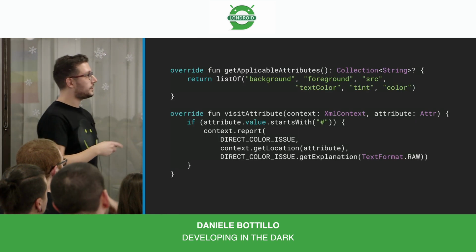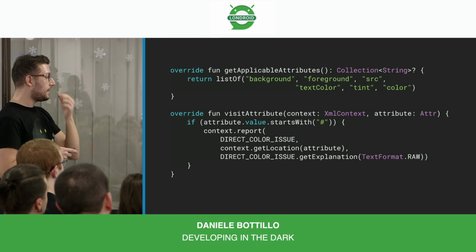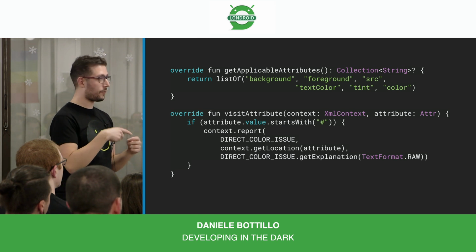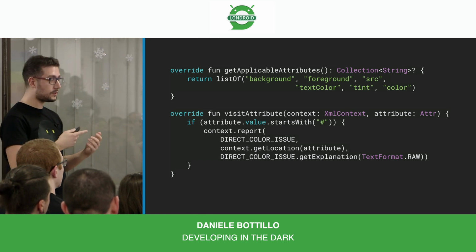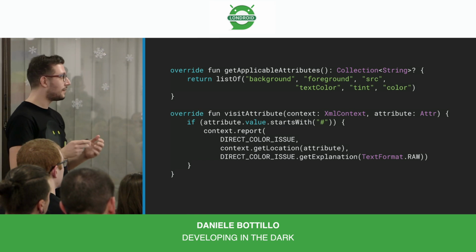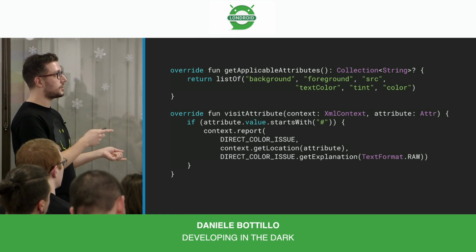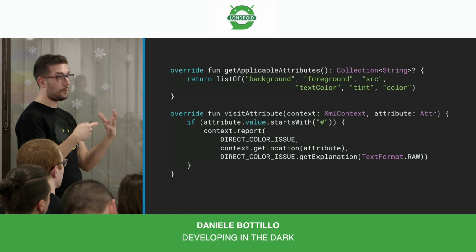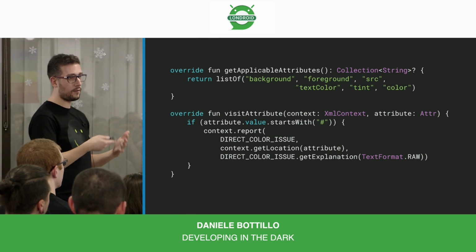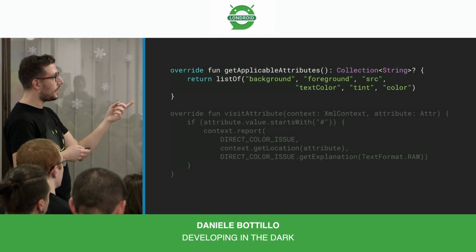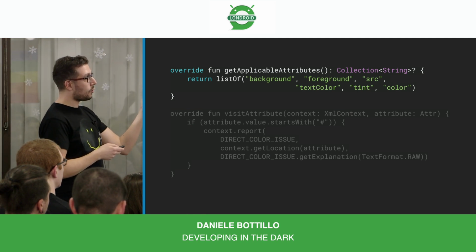So the second one is slightly different. This one is when you use a hard-coded color. So instead of referencing a color from your values, you're just putting a random value. In this case, you're not interested in the element, but in the attributes of a layout XML. So we are caring only about the attributes.